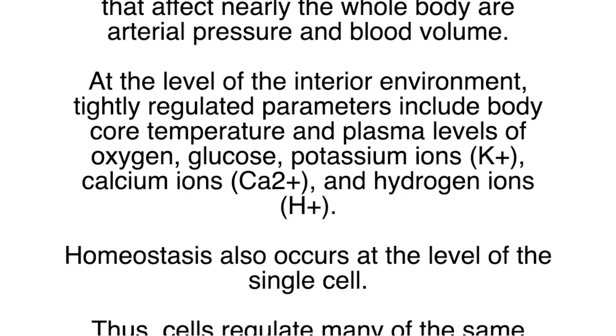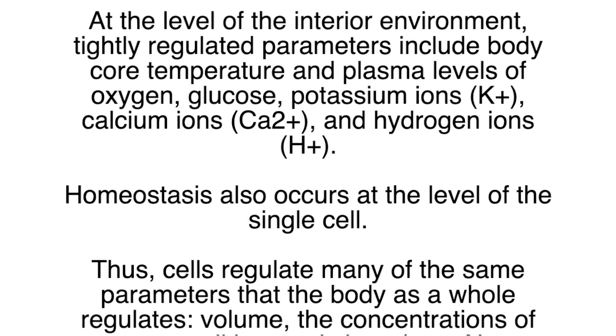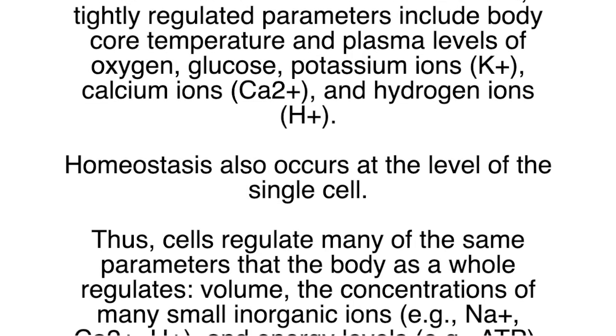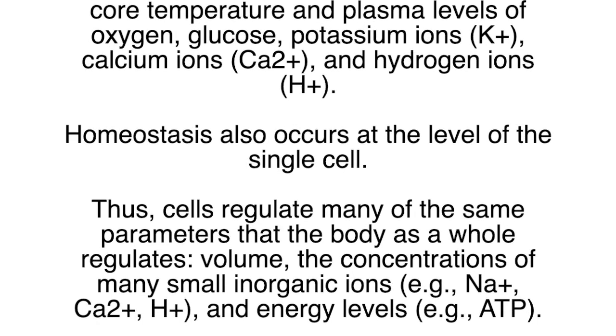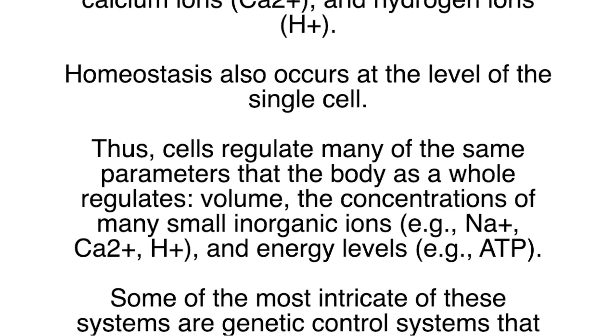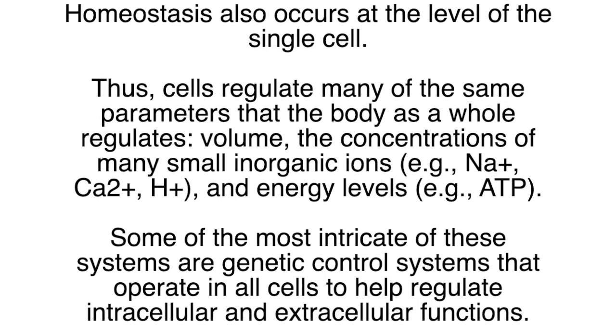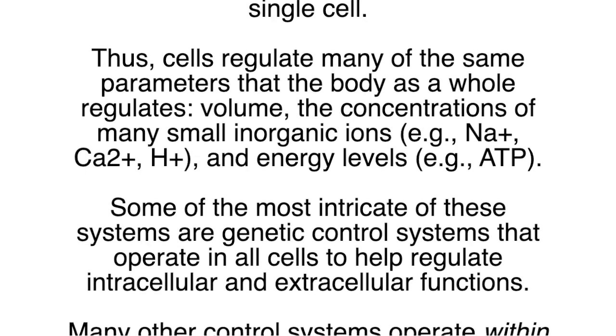Homeostasis also occurs at the level of the single cell. Thus, cells regulate many of the same parameters that the body as a whole regulates: volume, the concentration of many small inorganic ions, for example sodium, calcium, and hydrogen, and energy levels, for example ATP.